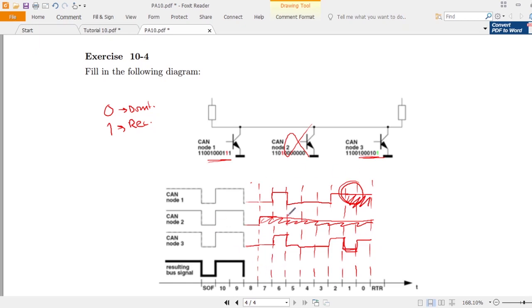So the resulting bus signal is of node 3, so it is 0 0 1 0 1 0 1.